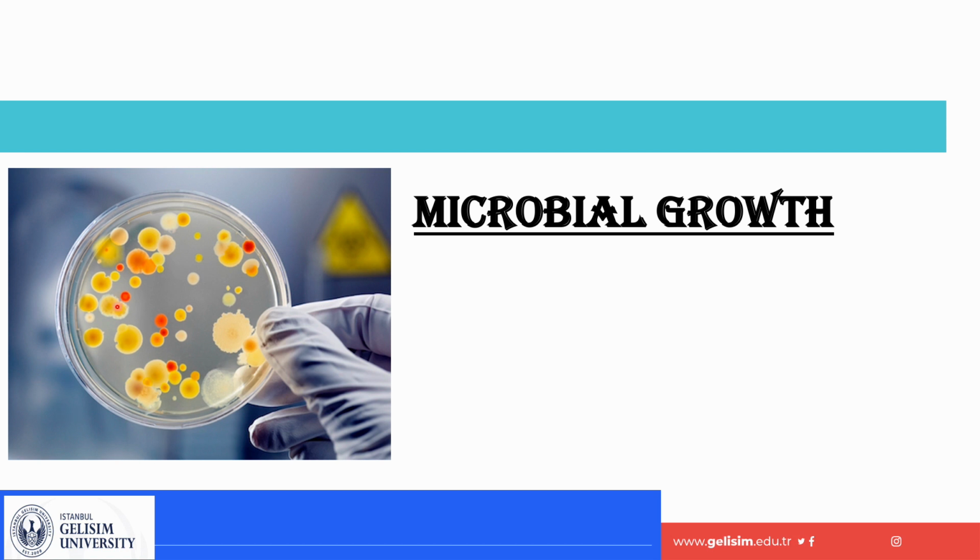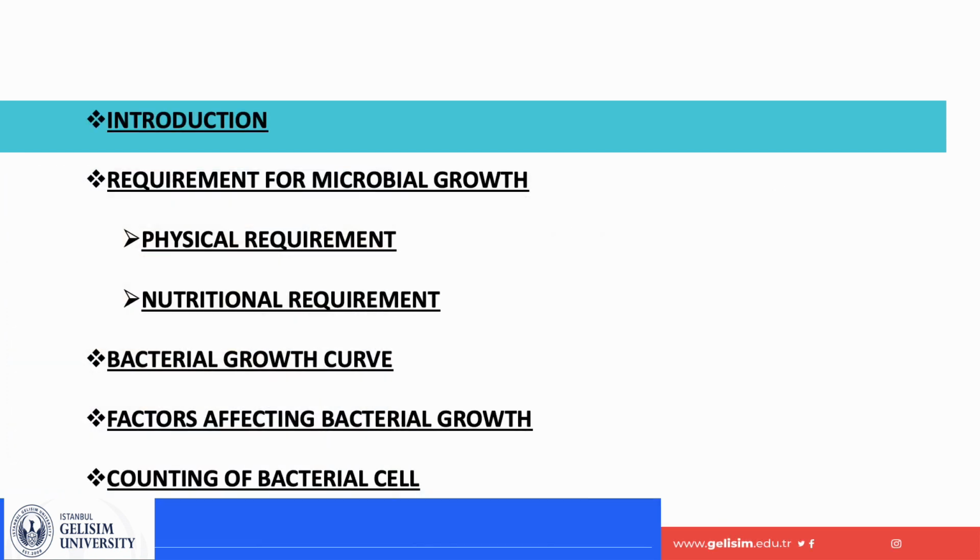All right, so let's get on with it. A basic introduction: we're going to be looking at the requirements for microbial growth, which has both physical requirements as well as nutritional requirements.